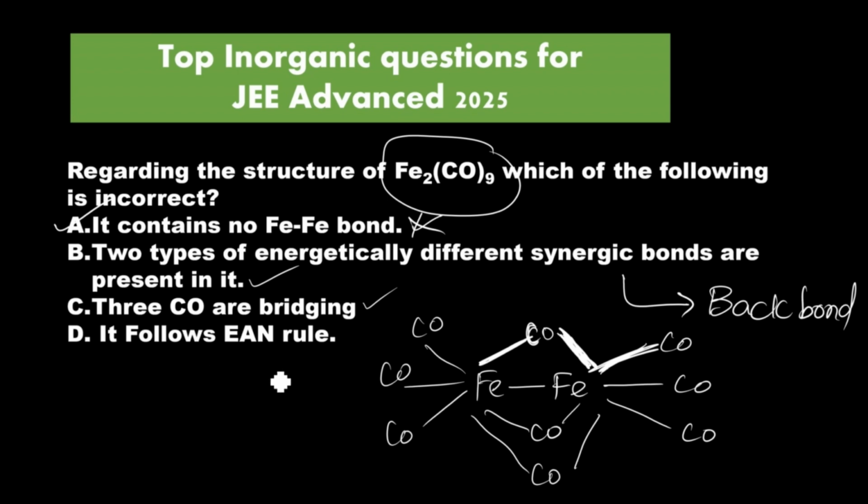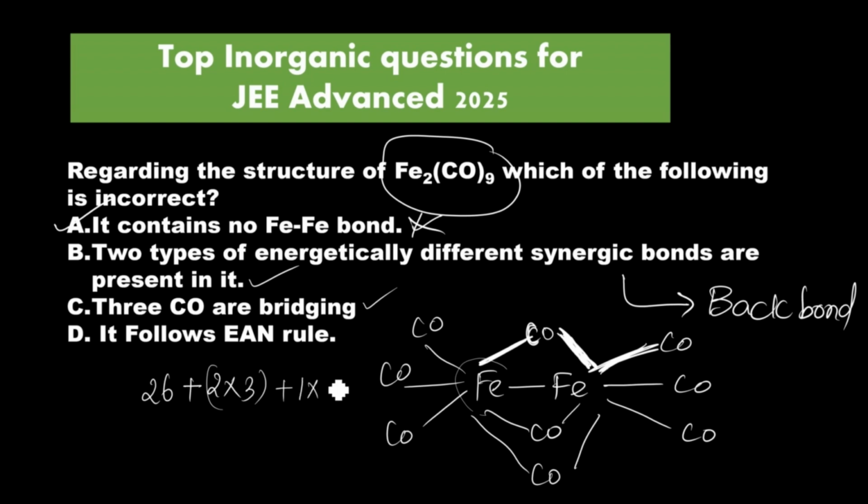And the last one, it follows the EAN rule. So for the EAN rule, what is the oxidation state of Fe here? It is a carbonyl complex, so we need not worry about the oxidation state. So total 26 electrons, right? So 2 electrons in case of terminal, so 2 into 3 ligands, plus 1 electron in case of bridging. I'm considering only one Fe, okay?